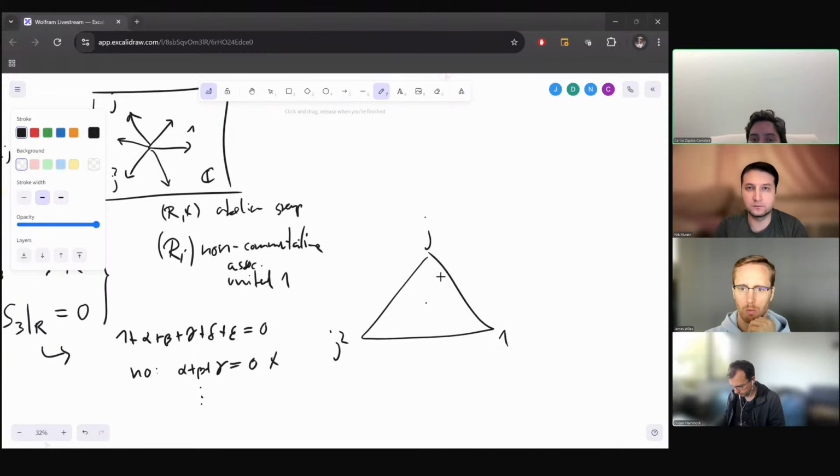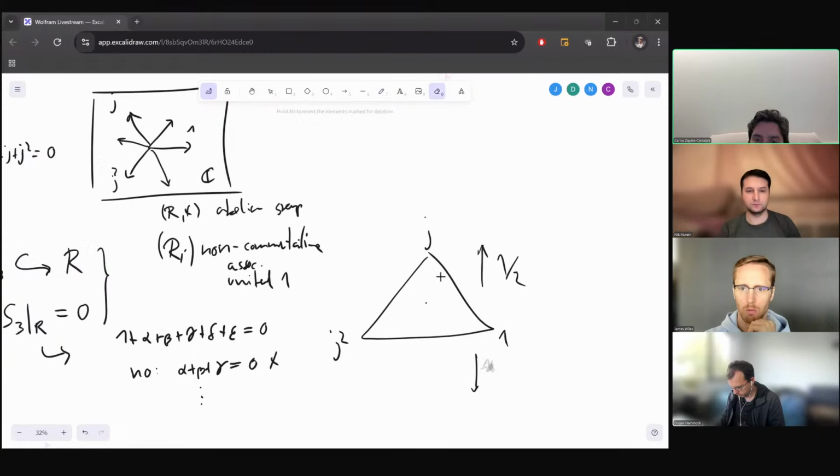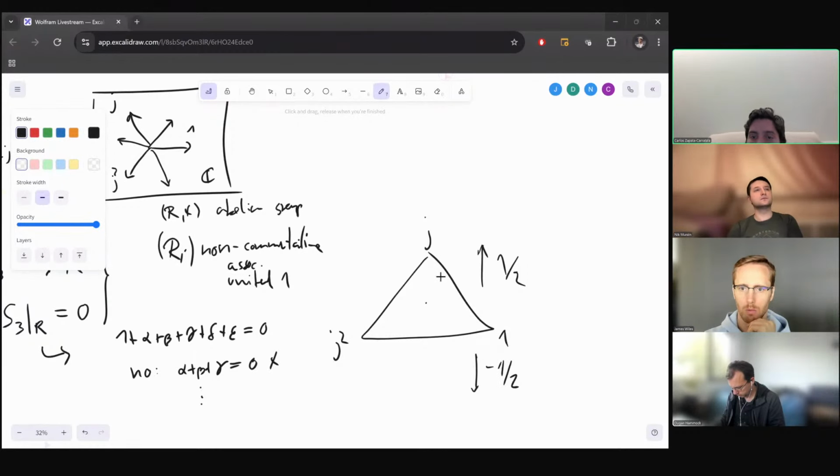So basically you lift up this triangle by, let's say, a unit in the z-axis, and you displace it by half a unit here, and minus half a unit over here. And so you get two triangles that are parallel, right? So I have this kind of configuration over here, with two parallel triangles.